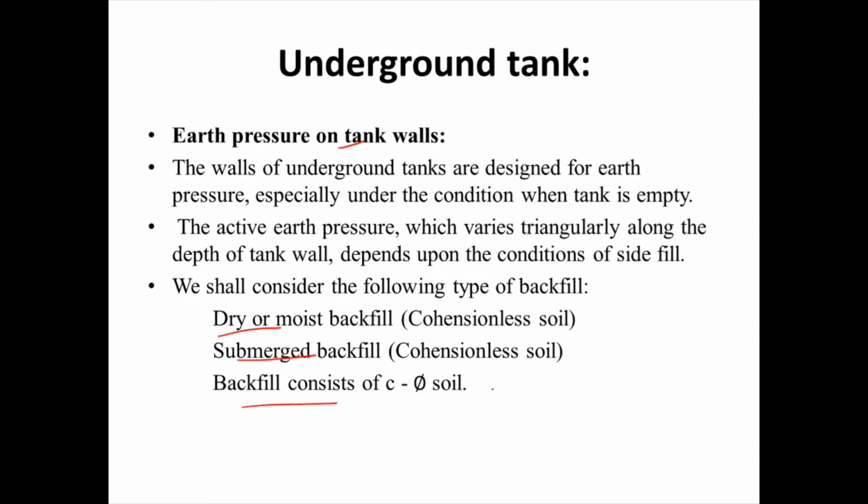So earth pressure on the tank wall depends on the soil condition. Earth pressure varies triangularly along the depth of the tank wall, depending upon the condition of side fill. Here is a water tank, here is the base, and your earth pressure is in a triangular shape.